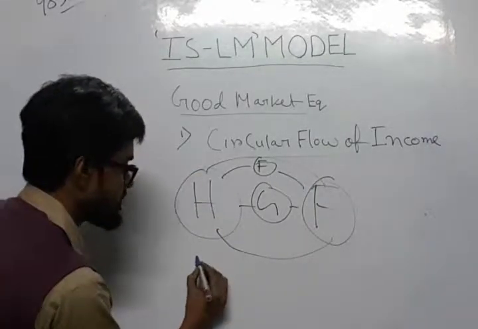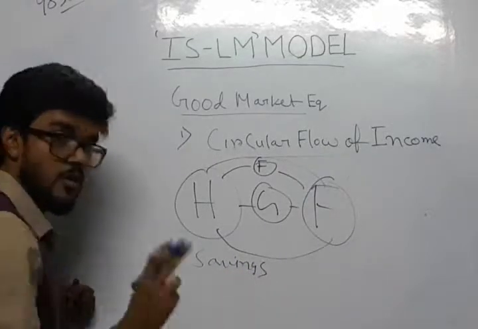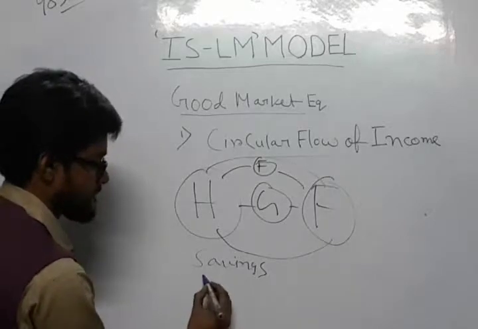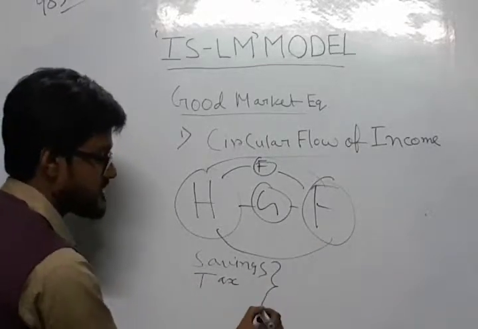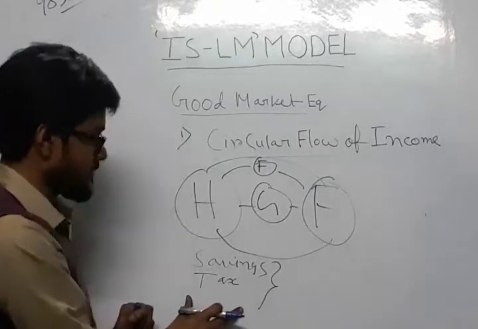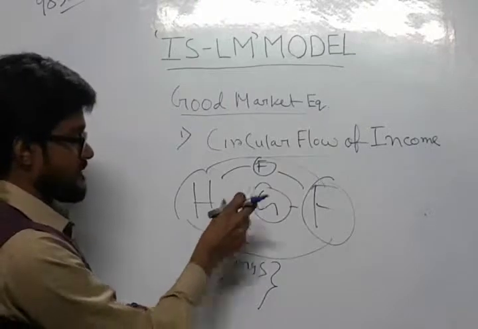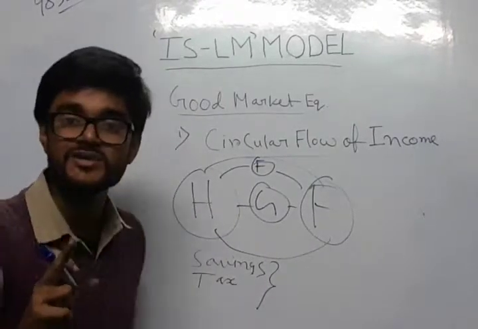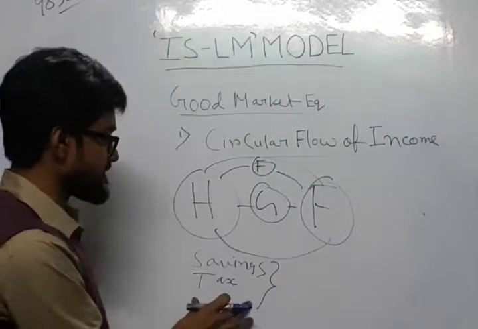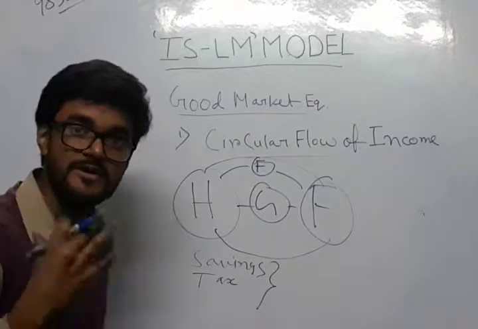As we have seen, either due to savings or due to tax. These are the two components responsible for reduction in the circular flow of income. So we call it leakage, that is, a part of income is getting leaked from the economy.